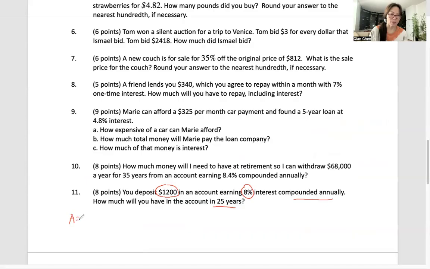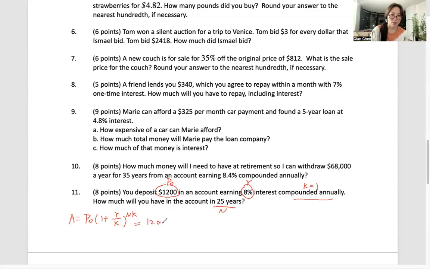Amount of money equals initial investment multiplied by 1 plus interest rate divided by how many times compounded, raised to how many years multiplied by K. So deposit 1,200, that's P naught in this case. 8% is little r. Compounded annually means K equals 1. How much in 25 years? N equals 25. Just plug in.